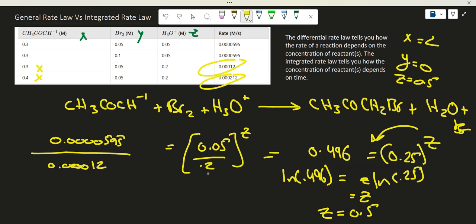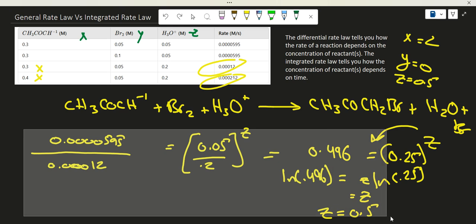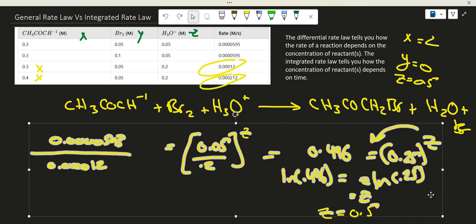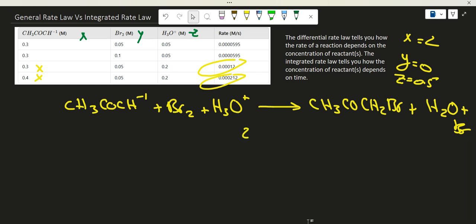And so let's just focus back on the chemistry. Just erase all that now, and forget the z. So now let's write the rate law, the differential rate law, or general rate law.